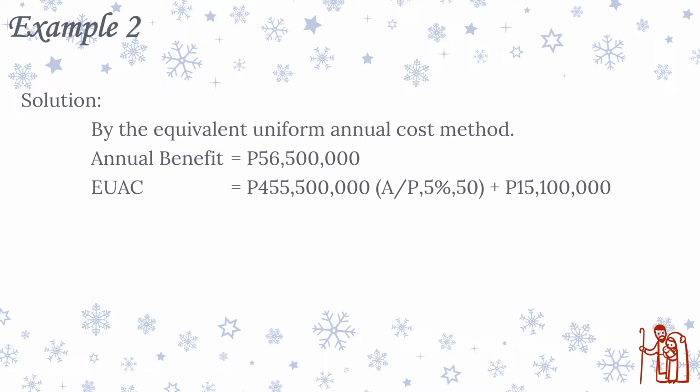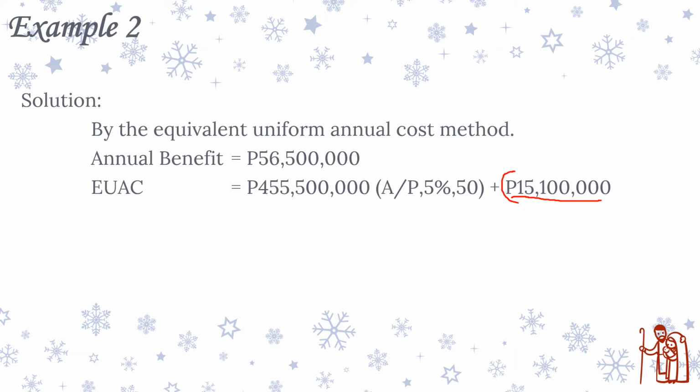And then getting the EUAC, or the annual cost: 455.5 million, based on the problem, that is your first cost. And then earlier, 15.1 million, that is your annual cost for operation, maintenance, and other facilities.